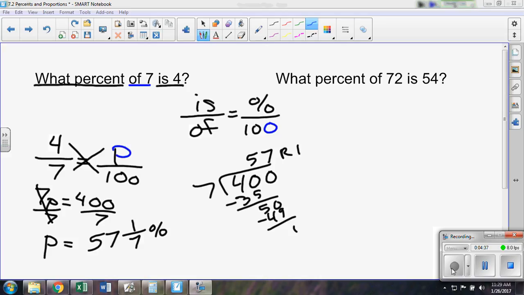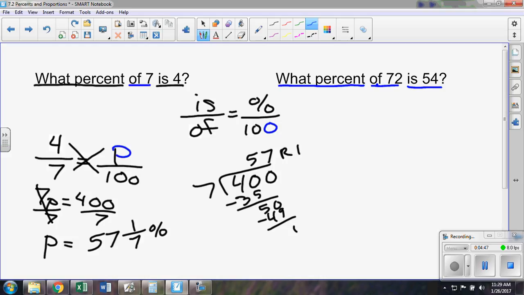Okay, going to this problem on the right, and we'll switch colors. Same type. What percent of 72 is 54? That sets us up with is over of equals percent over 100. And we can solve this any way we would like.